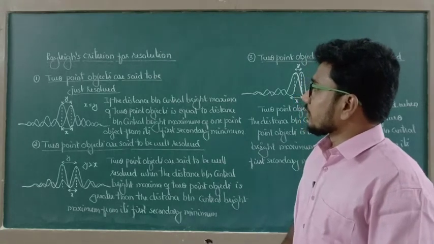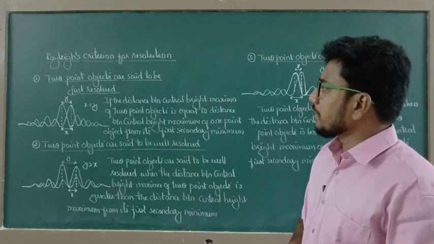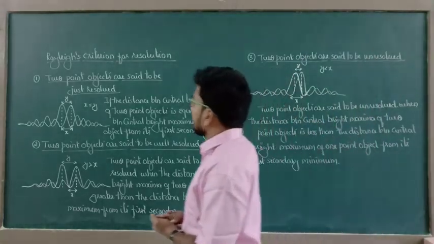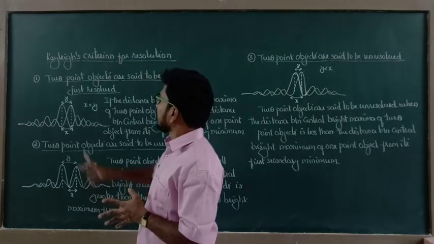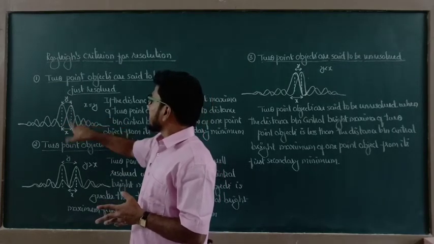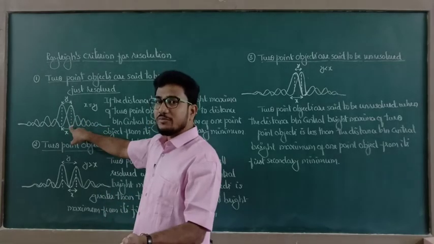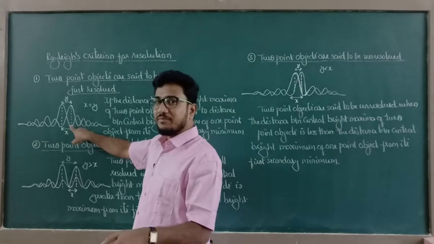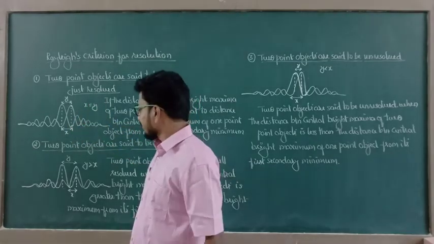for resolution. In some textbooks they may write: 2 point objects are said to be just resolved when the central bright maximum of 1 point object coincides with the first secondary minimum of another point object. Same, that is as like y is equal to x.